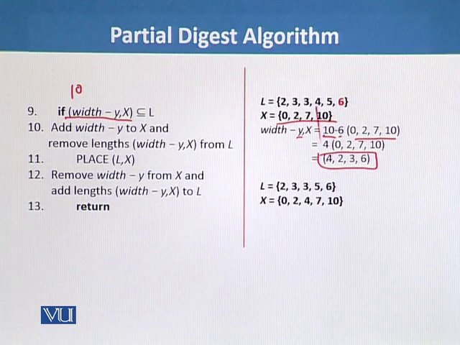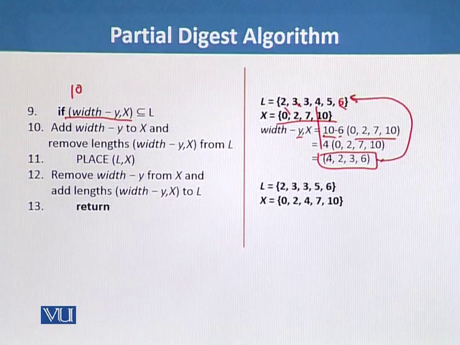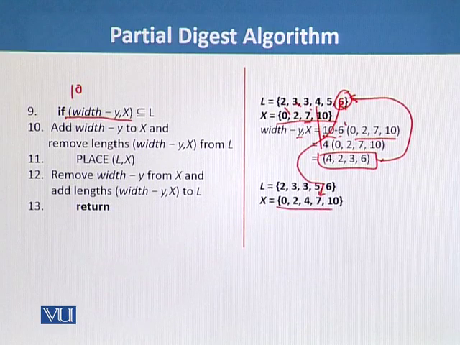We can see here 4, 2, 3 and 6 are all present in L. So this is a subset of L. So it means we can finally take the value of 7, this one, and put it in the X. So we get X as 0, 2, 4, 7 and 10.